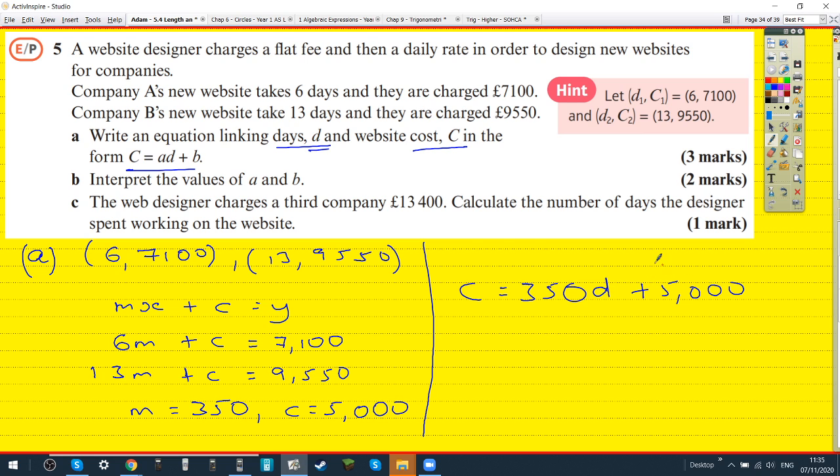It's just another way of writing y equals 350x plus c. The y is the cost. They usually use a capital letter for a formula. And then the x is often time. In the real world, x is often time. In this case, the time was days instead of t. Yeah. B.